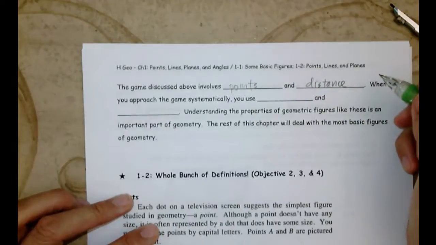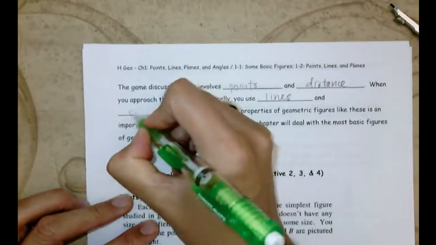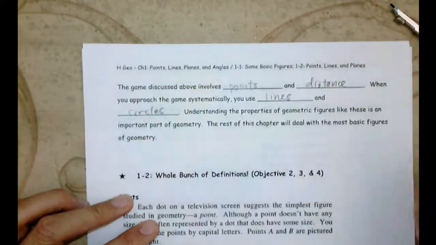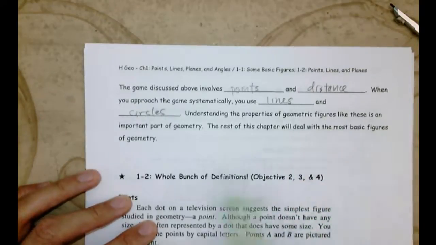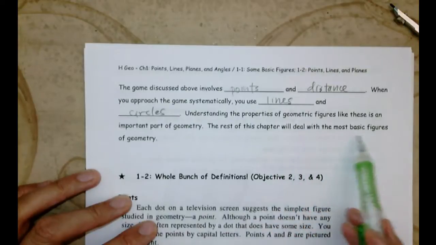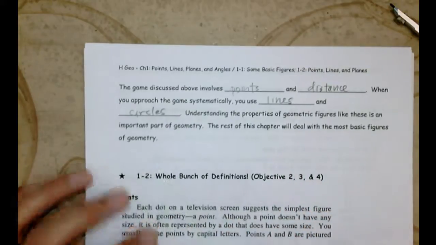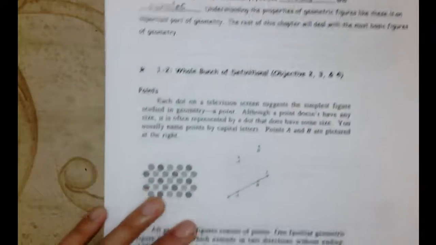When you approach the game systematically, you use lines and circles. Understanding the properties of geometric figures like this is an important part of geometry. The rest of this chapter will deal with the most basic figures of geometry. So here we go, objectives 2, 3, and 4.